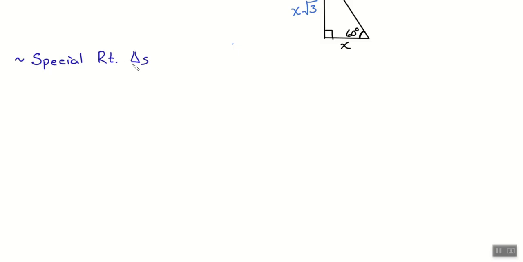Okay, of these special right triangles, there's two flavors that we get to deal with, and we just dealt with both of them. The first one was an isosceles right triangle, and what were the angles? So here we go. Our first special right triangle is a 45, 45, 90, and I'm going to put degrees on each of these.